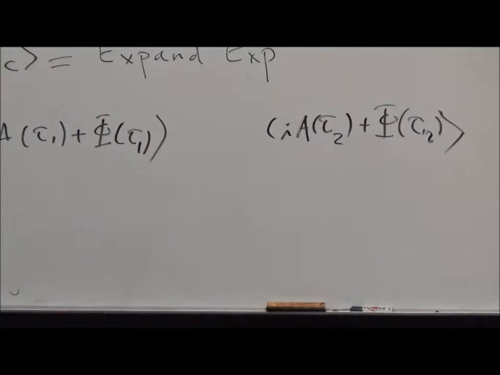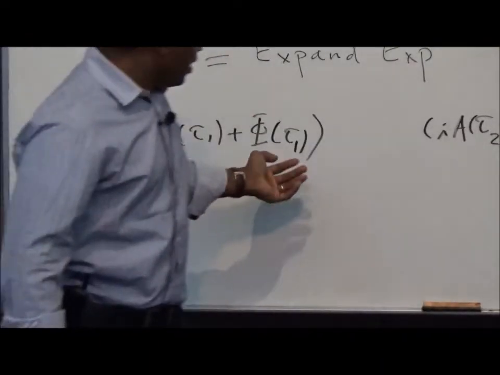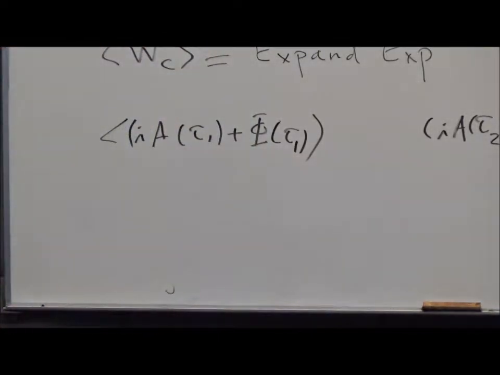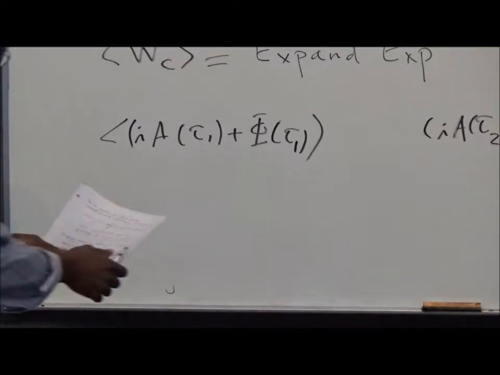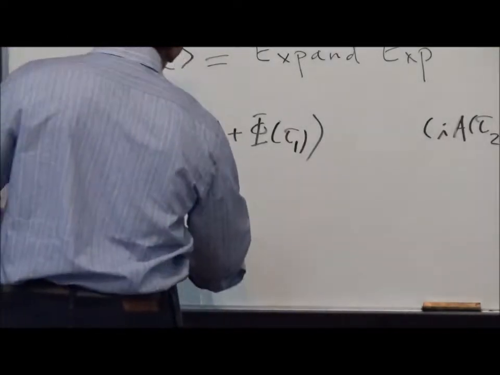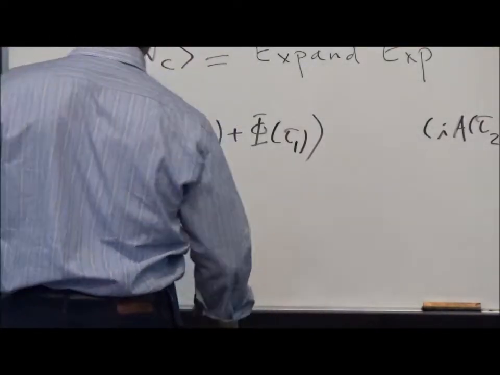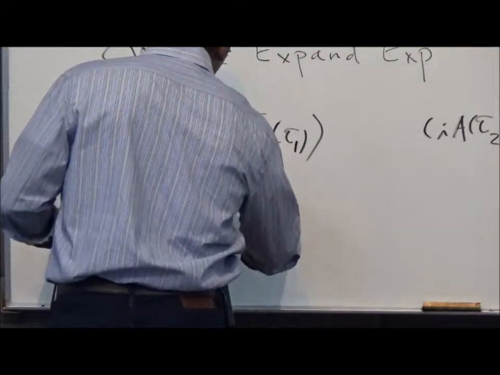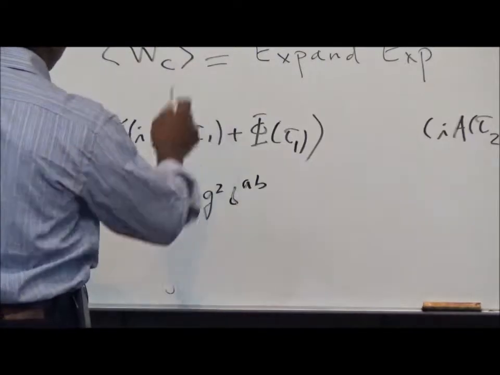I need to tell you what the Green's function for the gauge field and the scalar field are. I'm going to use Feynman gauge just to make things a little simpler. Let me write the answer, and now we are going to discuss it a little bit. A and B are indices in U(N).